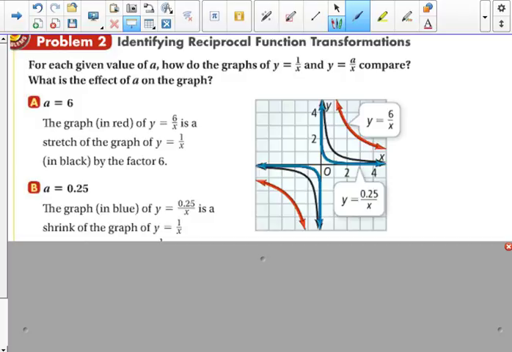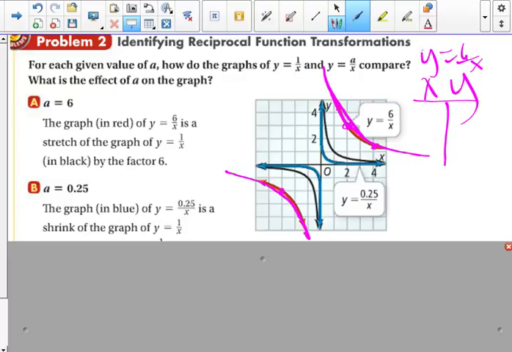So you would plug in a t-chart for x and y for y equals 6 over x, and you would find that it gives you these values. And it's going to look something like this. It's going to go through these points and like that. So if a is equal to 6, is that a stretch or a compression?